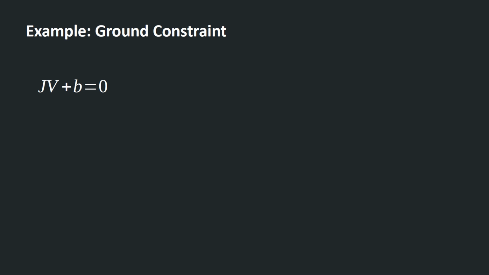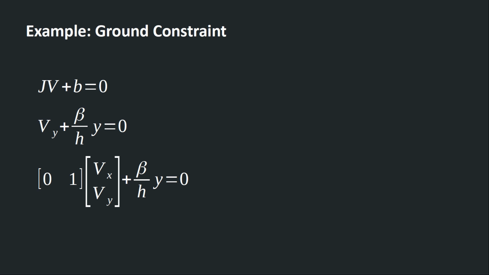Back to the ground constraint example. Now we're going to use the generalized approach to solve a violated ground constraint. Here's our generalized form, Jv plus b equals 0. And here's our velocity constraint from before. And let's match some terms. So the Jacobian is 0, 1.